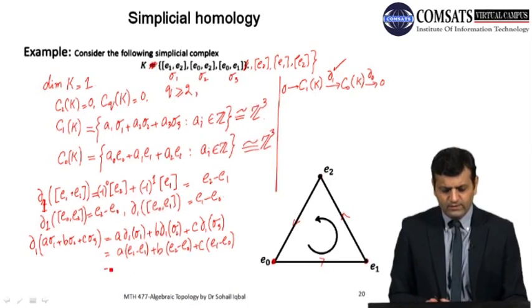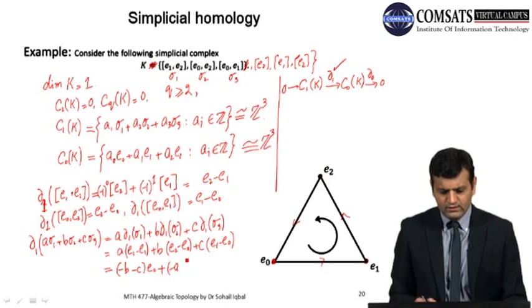Now combining, what are the coefficients of E0? Minus B and minus C. What are the coefficients of E1? Minus A and plus C. What are the coefficients of E2? A plus B.